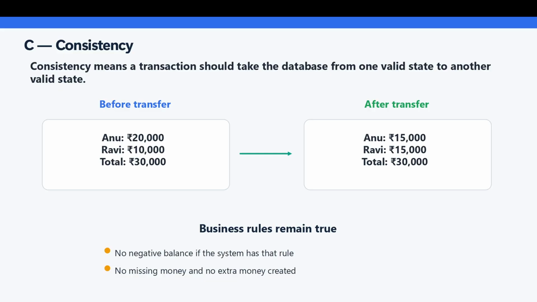So if Anu has only 3,000 rupees and tries to transfer 5,000 rupees, the transaction should not be allowed unless the bank provides an overdraft facility, right? Similarly, a primary key should remain unique, a foreign key should refer to a valid record, and a compulsory field should not be left empty. So consistency ensures that the transaction does not violate the rules of the database.